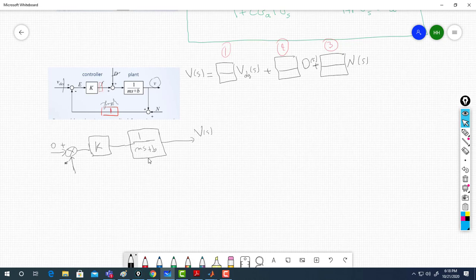Here, because it's a block diagram, it's better to have capital letters, and here is my noise, my input. I drew it in a confusing way, so let me delete.